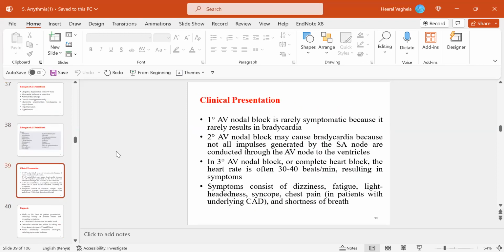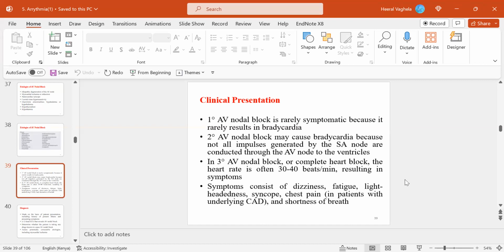So the patient experiences all these symptoms because blood is not being pumped out at the right time, or the right amount is not being pumped to the rest of the body. So sinus bradycardia and AV nodal block use the same medication and treatment.